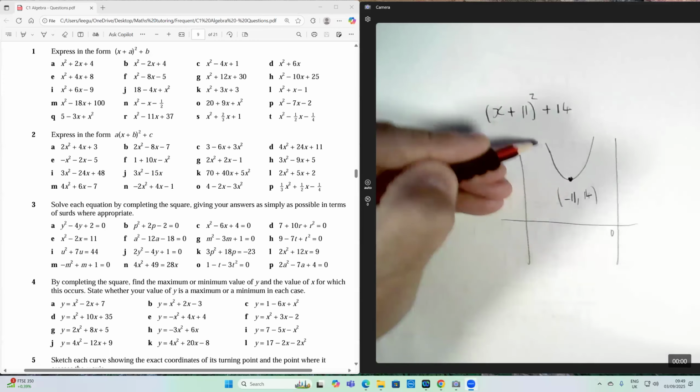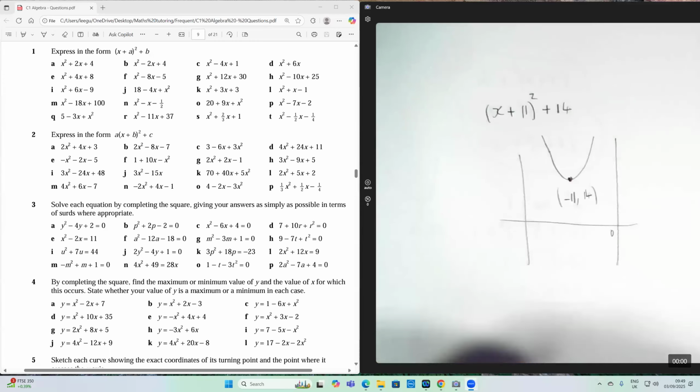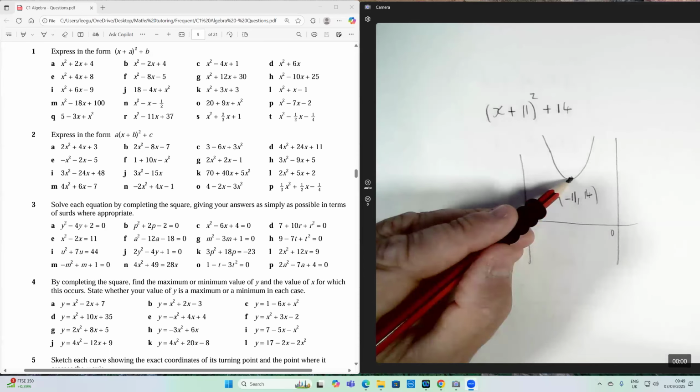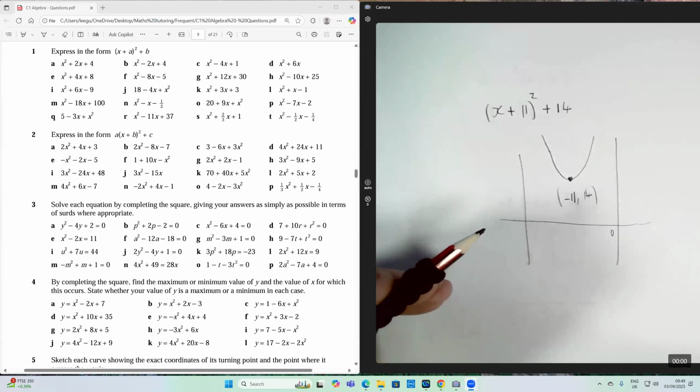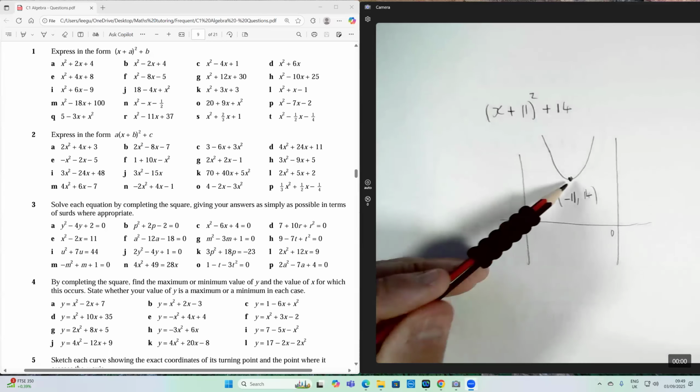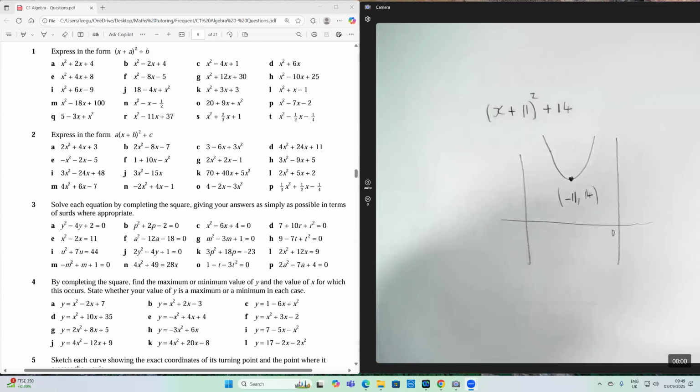So we can see that the lowest value that this particular quadratic is ever going to have is 14. So therefore, we can demonstrate that it never cuts the x-axis. So there we go. That is completing the square and how it works in the most basic instance.